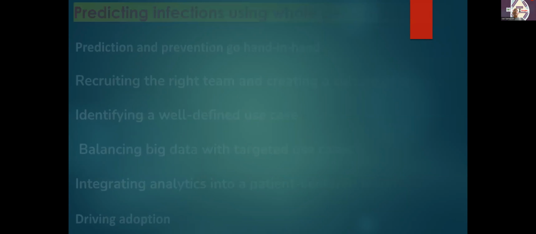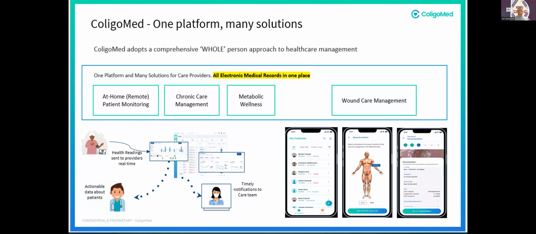And to do that, we have to use a platform-based approach. And we have to use electronic health records all in one place, empower the doctor and the patient, and also help the patient with remote patient monitoring for chronic wound healing, like temperature tracking of the wound at home, and also improve the metabolic parameters of the patient.